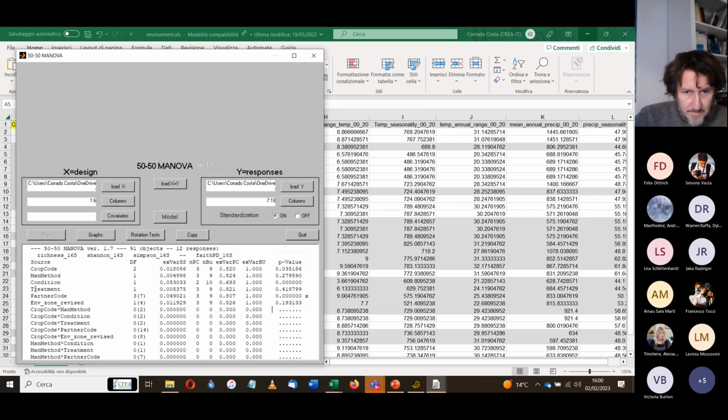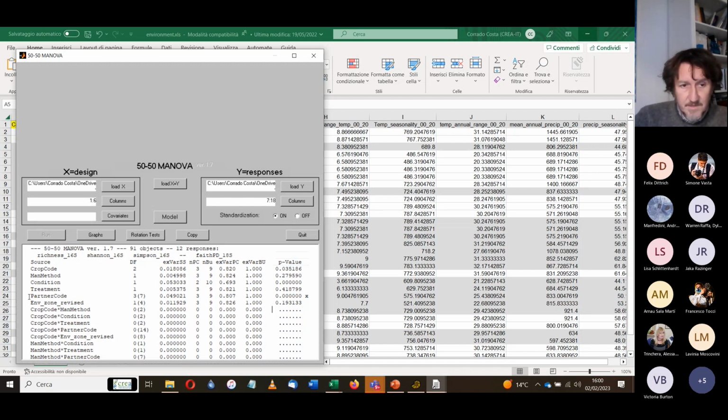And also treatment is not significant, but condition is highly significant. Management is not significant, while crop code is very lightly significant.